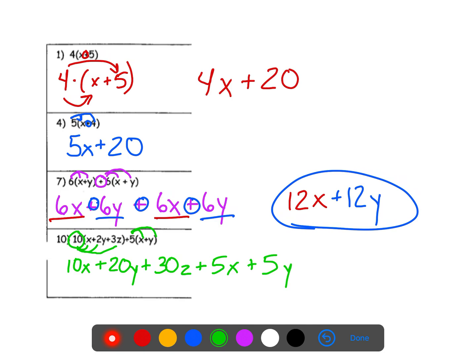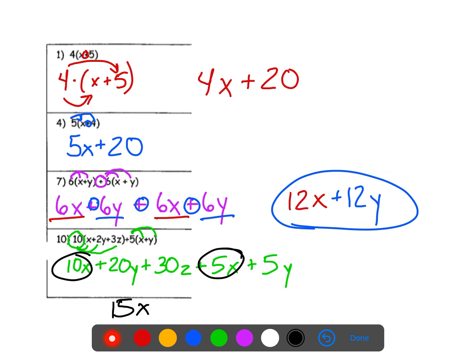But remember, if we have what is called like terms, we need to combine them. And like terms have the same variable. So I have a like term of 10x and 5x. So I can combine that into 15x.